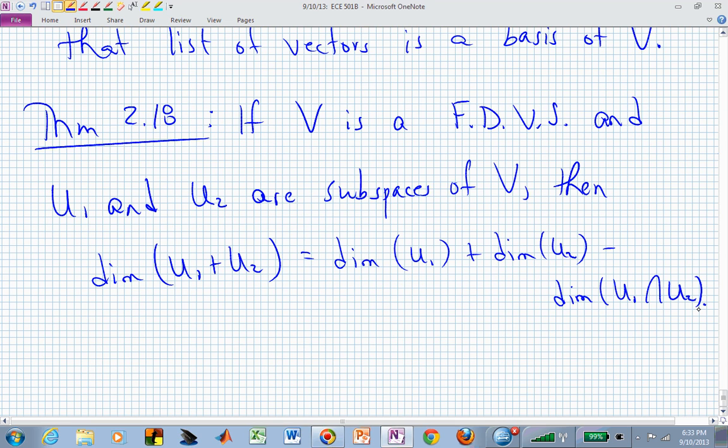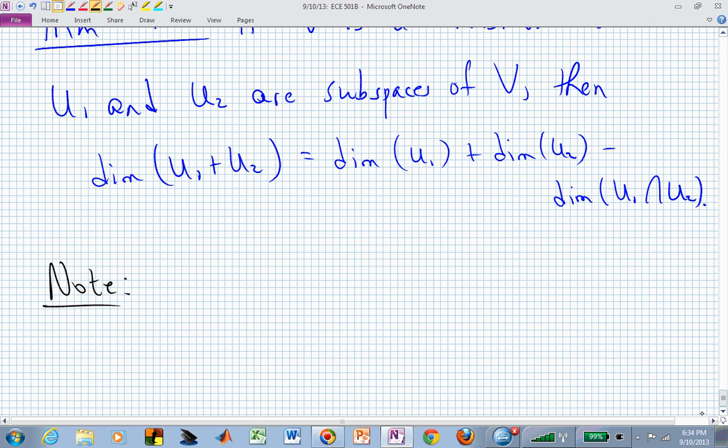And that's a nice property or relationship that allows us to quickly determine the dimension of the sum of two subspaces, or if we have an intersection of those two subspaces having a non-zero dimension.